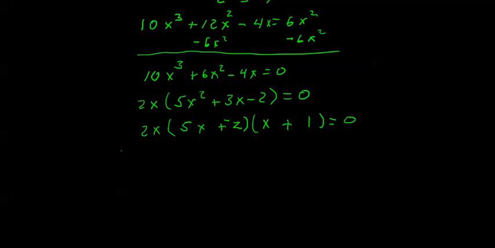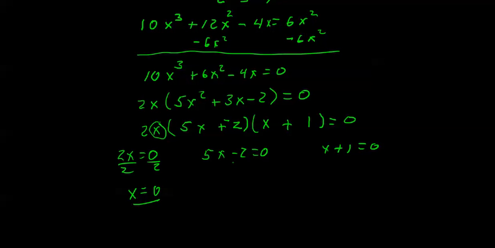And now I set my factors equal to 0. 2x equals 0. 5x minus 2 equals 0. X plus 1 equals 0. Divide by 2, x is 0. That was pretty easy. Anytime the x is outside, you're going to get this result.